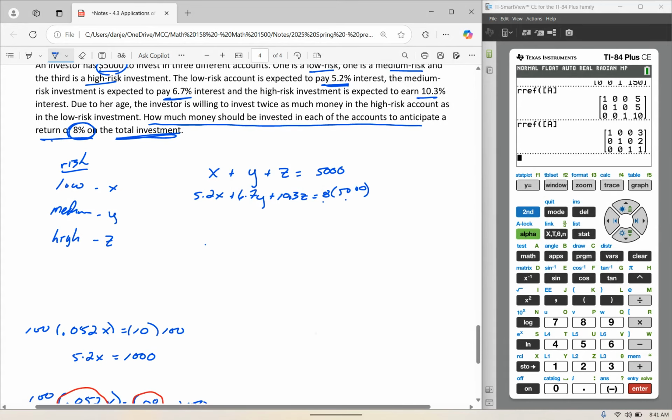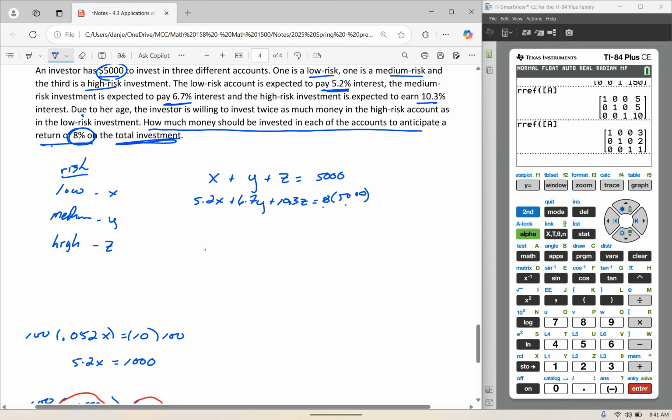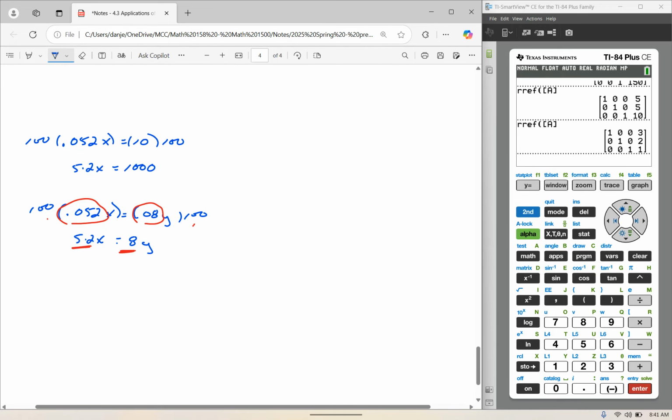And now again, you'll notice, due to her age, the investor is willing to invest twice as much money in the high risk as the low risk. So I'm going to come down to my scratch work down here. I've got low risk, I've got high risk. She's willing to put twice as much money in the high risk as in the low risk. So for every $1 in the low, there's 2 in the high.